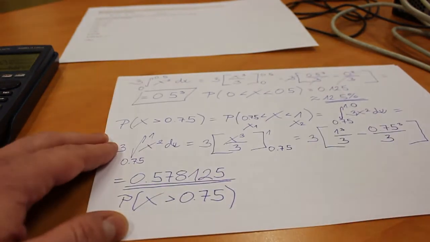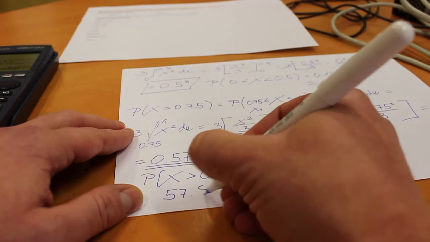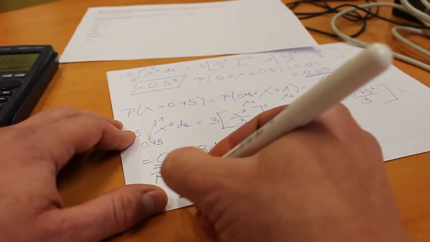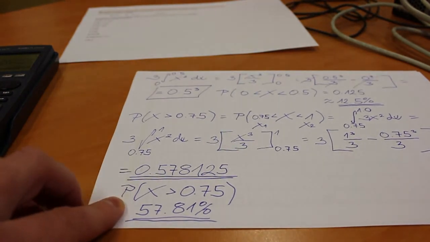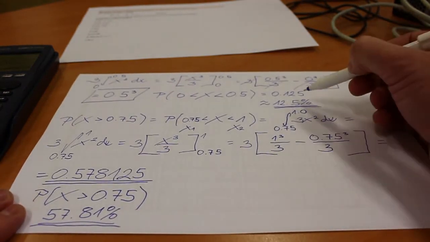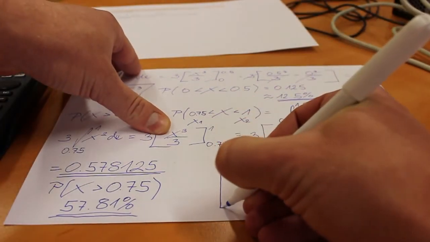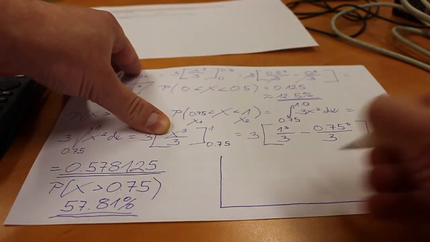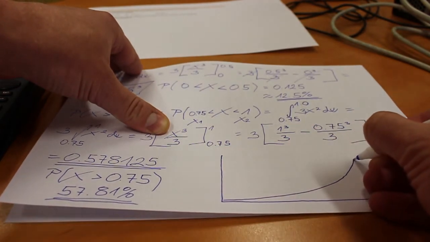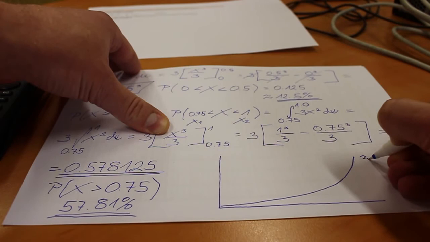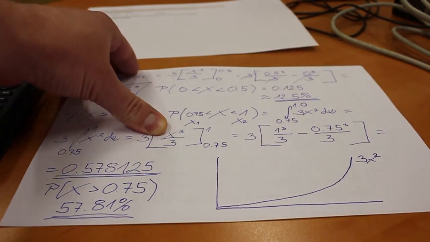Yes, this is the probability that random variable x is higher than 0.75. This is 57.81%. Yes. Why? We have this result here and there we had this result. Imagine that our density, 3x squared, is a power function.